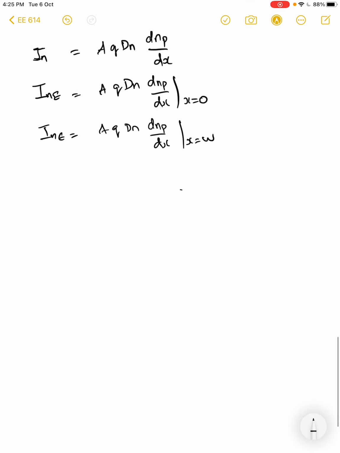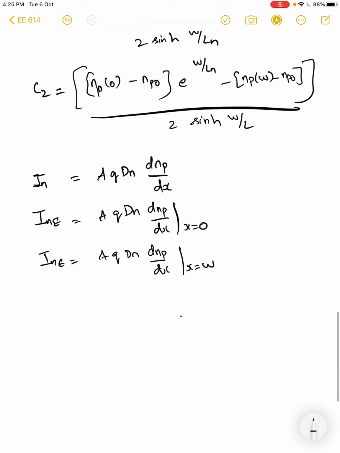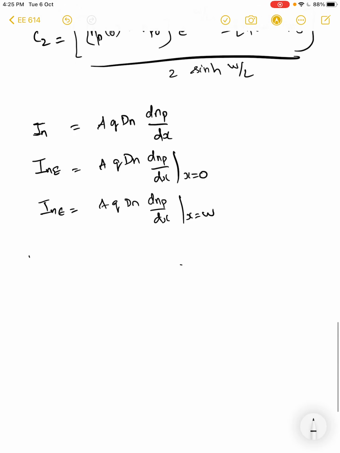So now let us substitute this Np into this dNp/dx, and then we find INE.